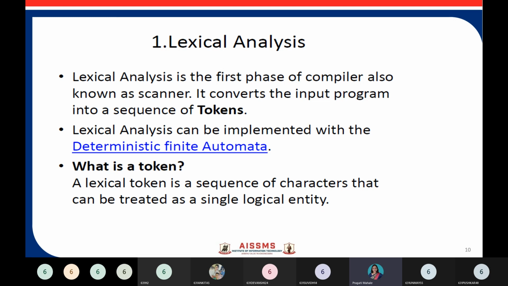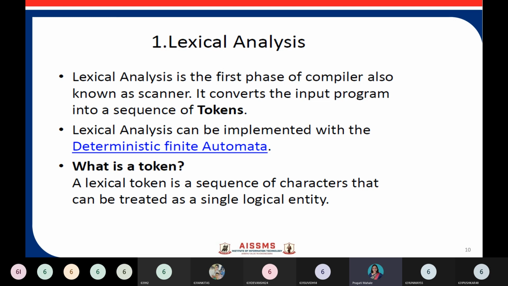Then last time we also saw the lexical analysis phase, right? It is the phase which converts the high level input program into a sequence of tokens, and it can be implemented with DFA. This is what we have seen, and the output is a sequence of tokens that is sent to the next phase, which is the parser for the syntax analysis.